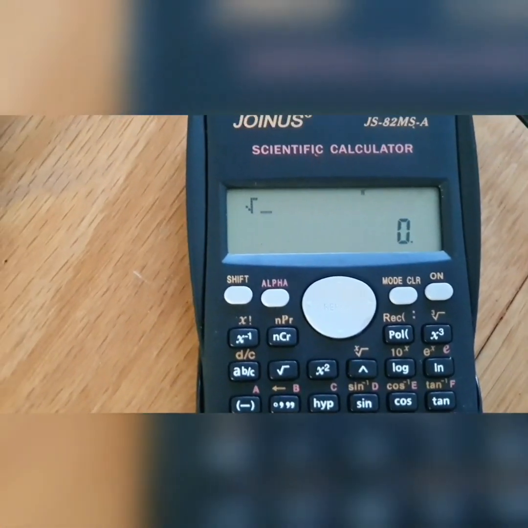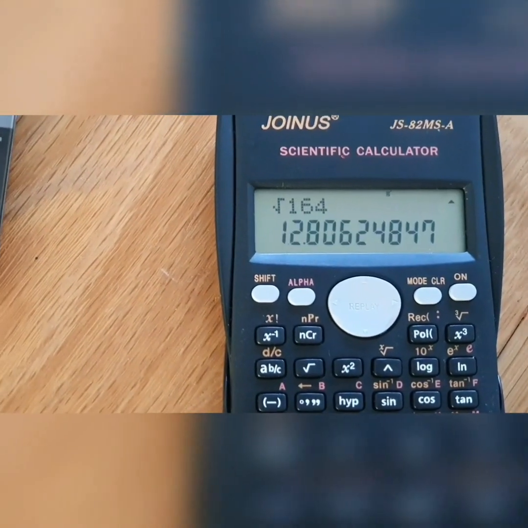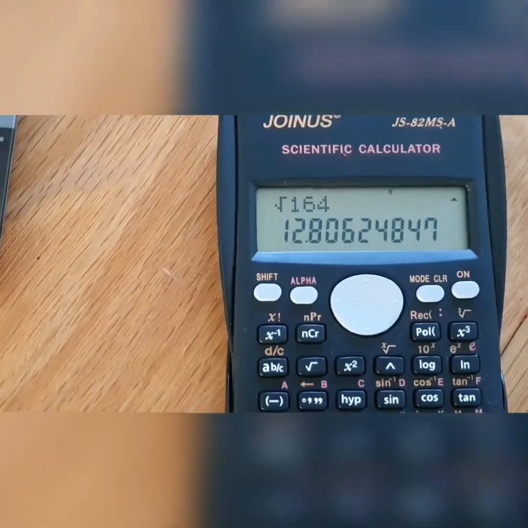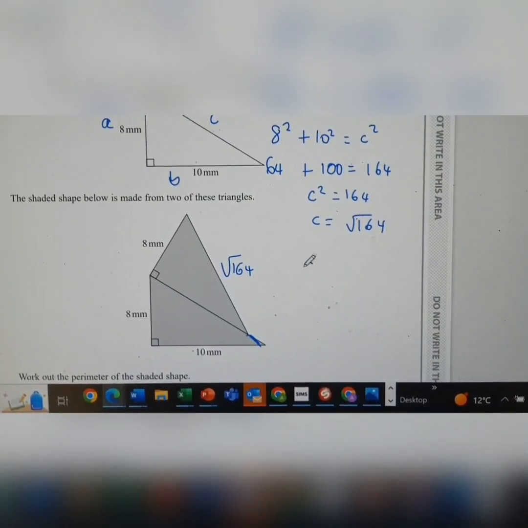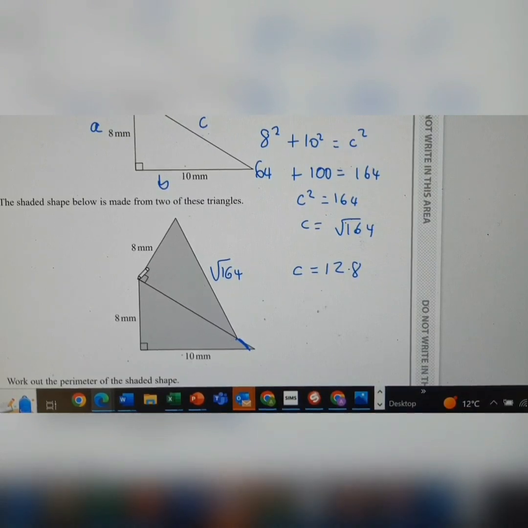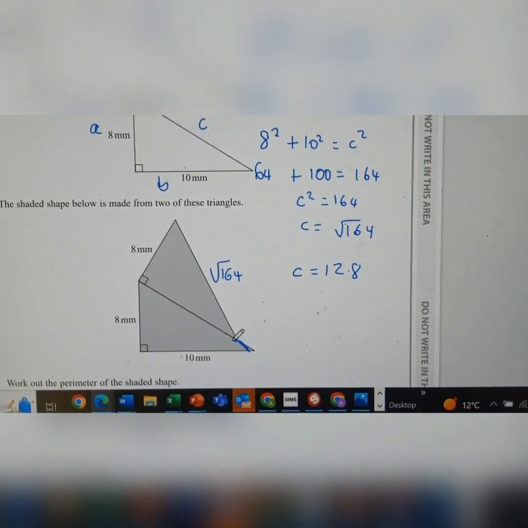So the square root of 164 is equal to 12.8. So we can keep it as 12.8. Okay, so from here to this very point here is 10 millimeters. So I can do 12.8 take away 10 millimeters, which is 2.8.